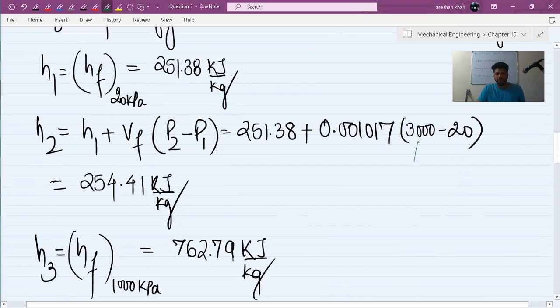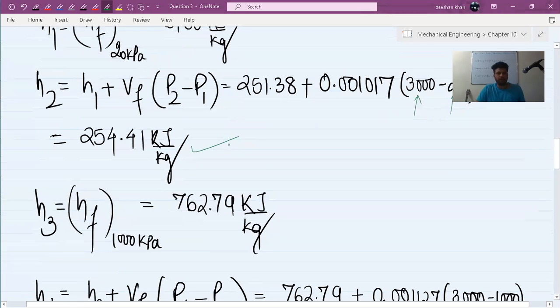P2 is going to be 3000, the boiler pressure, minus the condenser pressure, so that comes out to be 254.41. Now h3 is obviously hf at 1000 kilopascals, because we have extracted the steam at 1000 kilopascals.